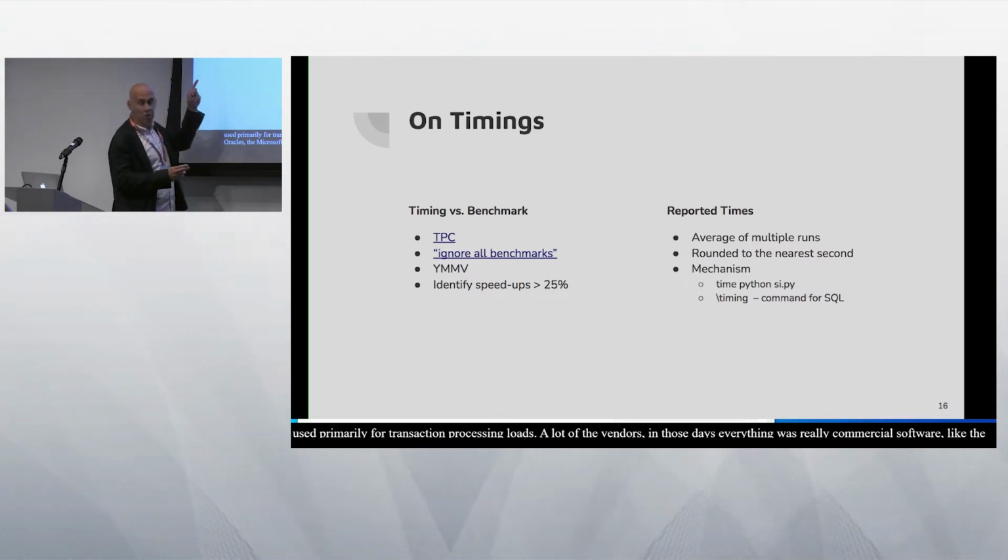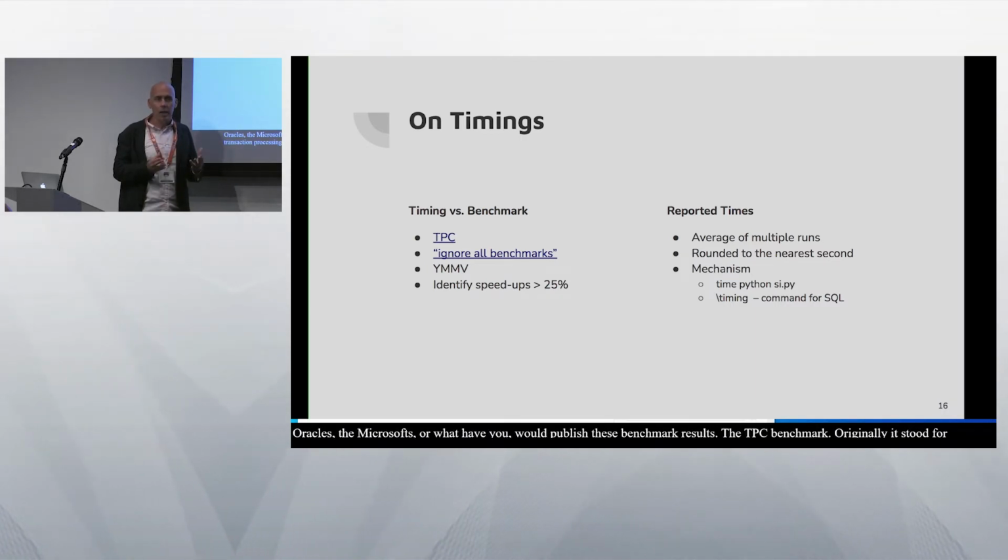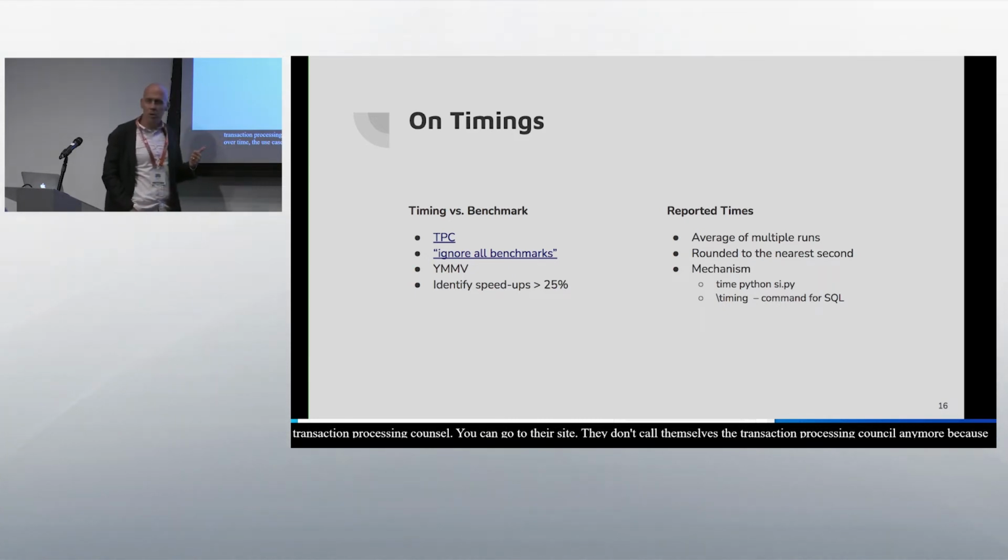You can actually go to their site. They don't call themselves that anymore because over time, the use case for RDBMS has expanded dramatically. You first had data warehouses, then more analytic use cases. So if you go to the TPC website, you'll see they even have recent benchmarks for AI and other database-oriented workloads.